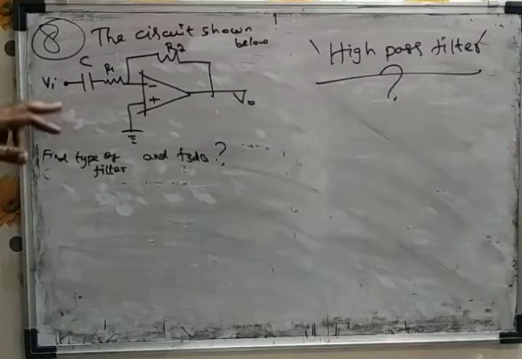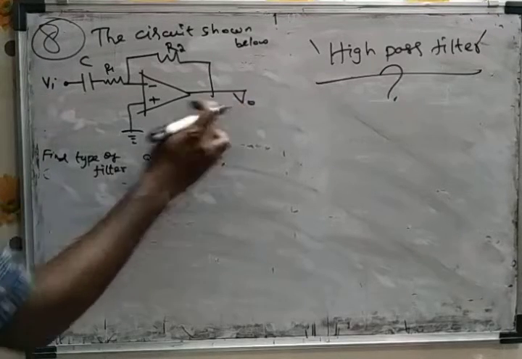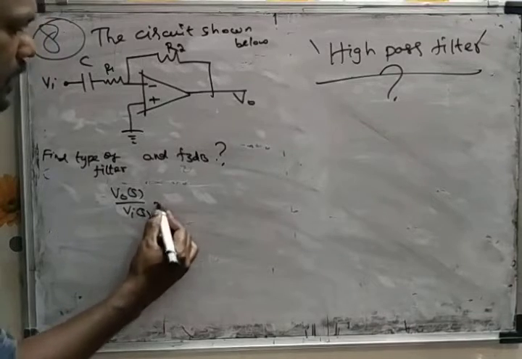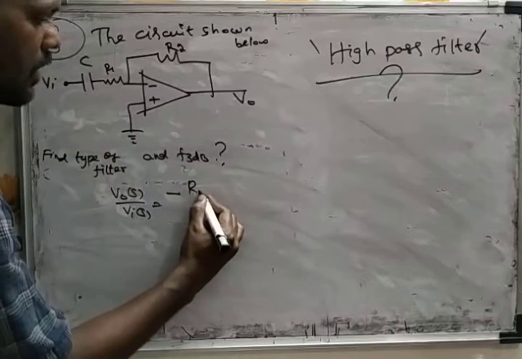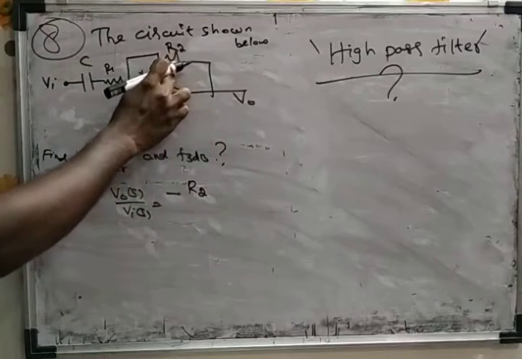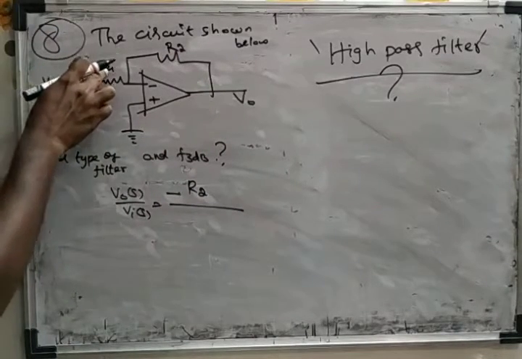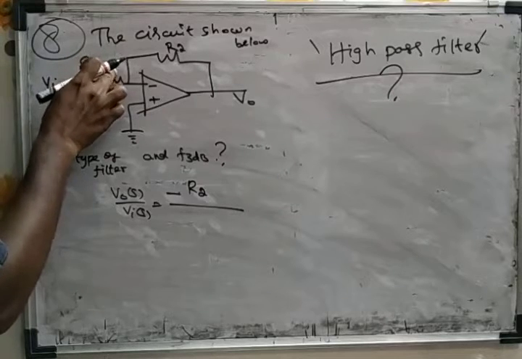So you have to solve it for V0 of S by Va of S. The feedback resistance is R2, so minus R2 by (R1 plus 1 by SC), with C in series with R1.